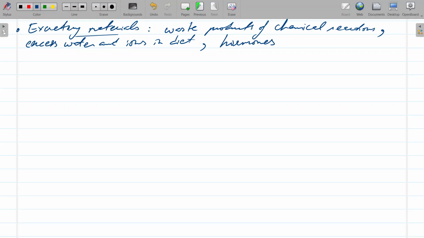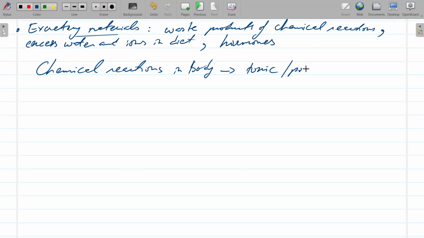So chemical reactions in the body, obviously, not chemistry. I mean, it is chemistry, but let's not go there. Chemical reactions in the body end up producing toxic or poisonous waste, and that needs to be removed, which also includes CO2.